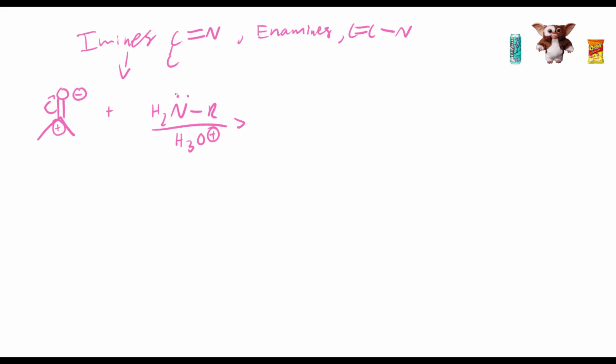Now the nitrogen is going to attach to the carbon. And we're going to have some R groups. So now we have a nitrogen right here with an R group, and then we have some hydrogens.